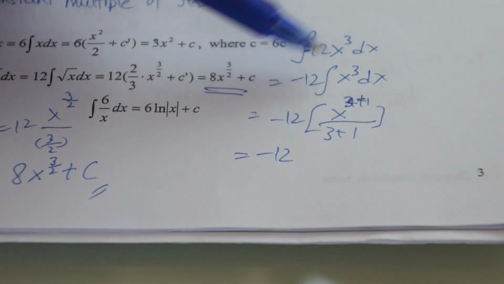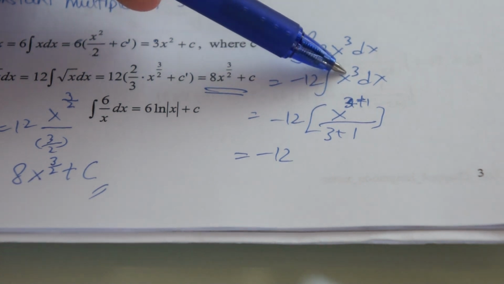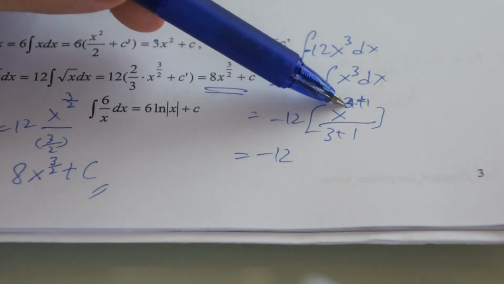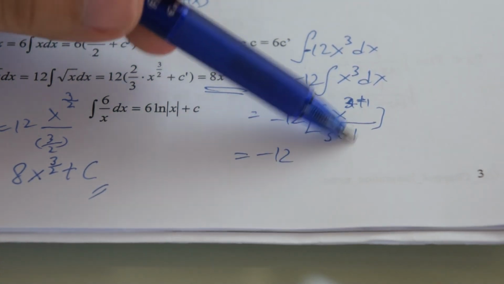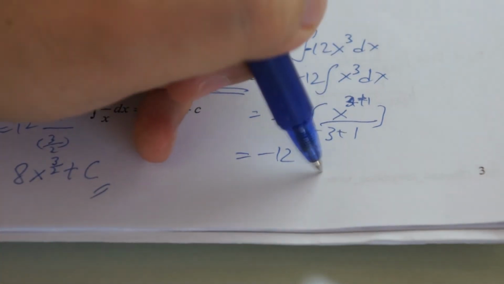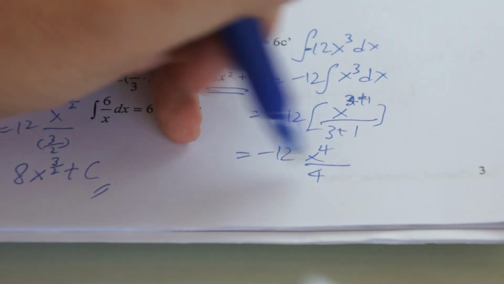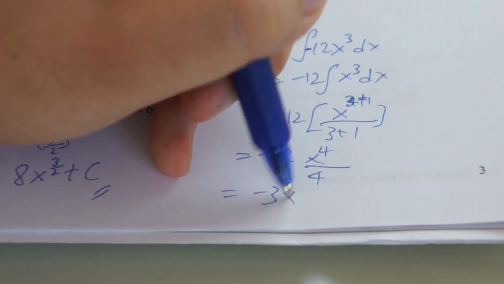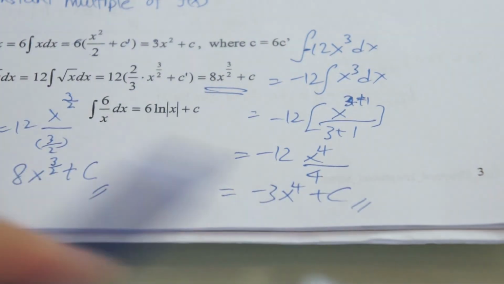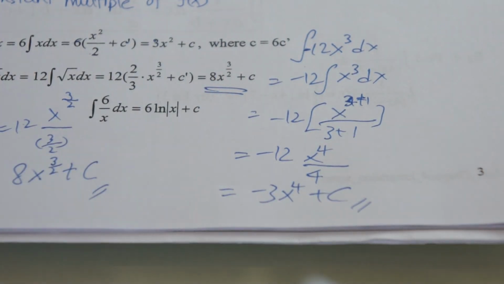Take out negative 12 and integrate x to the power of 3. If you integrate, the power becomes x to the power of 4 over 3 plus 1. So it becomes x to the power of 4 divided by 4. And then cancel out, it will become minus 3x to the power of 4. And finally, just add up the constant.